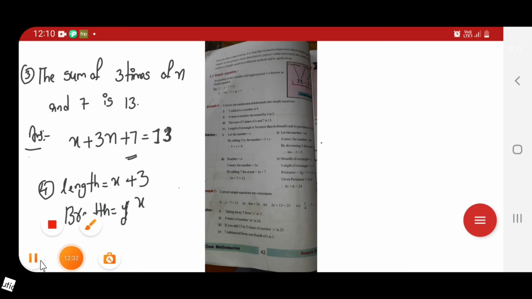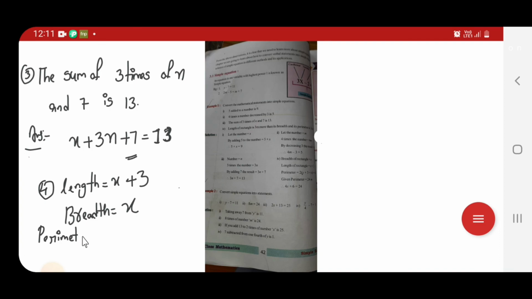Okay, we will see here only. We will take x here, and its perimeter is 24 m. Here the length is given as x plus 3, breadth is x. We have to find the perimeter. What is the perimeter of a rectangle?